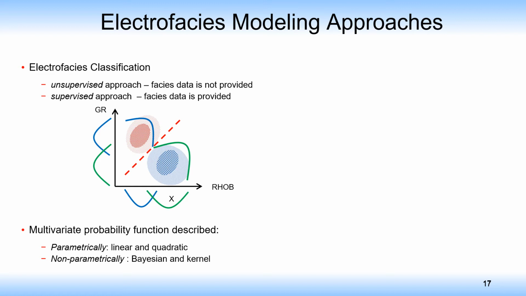Electrofacies modeling as an approach has different methods. So there's the unsupervised, which we gave an example of, and then supervised is using the training data. So we showed the discriminant analysis, whereby we find a function to separate the clusters.